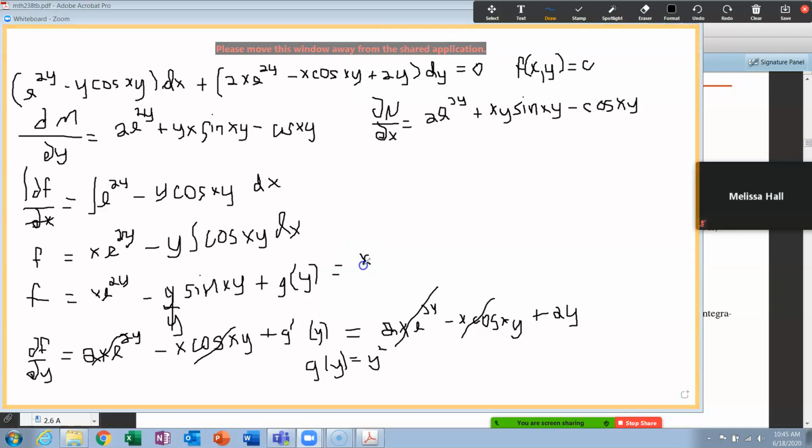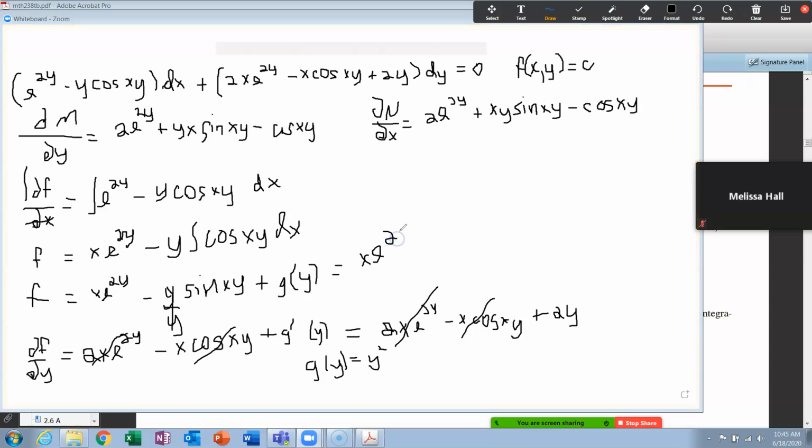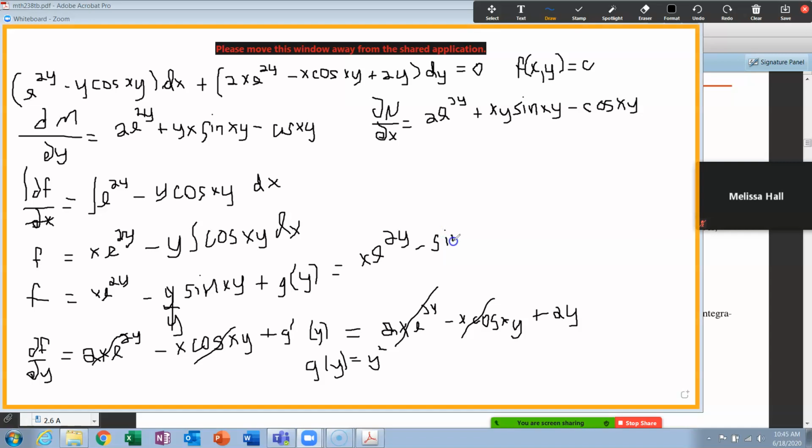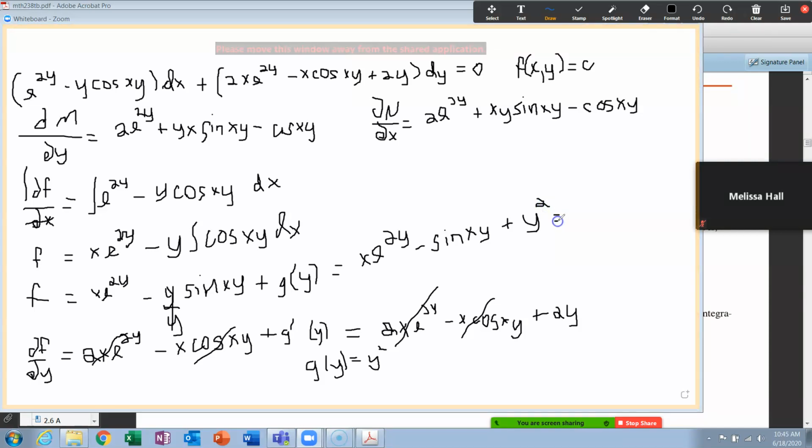x e to the 2y minus sine of xy plus g, which was y squared, and then stop the horses, set that equal to c.